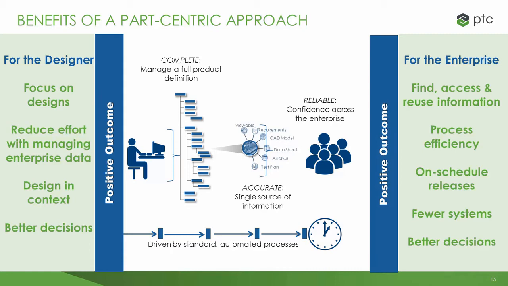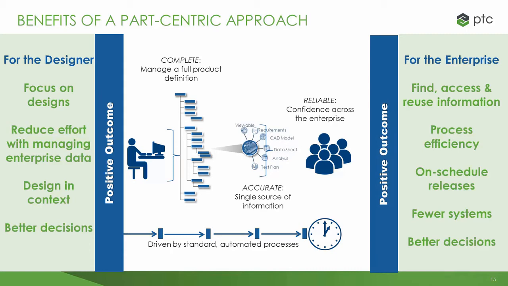This results in tangible business outcomes for both the designer and the enterprise, where designers can focus on the design and spend less time searching for information. Parts are reused rather than recreated. Processes such as new product introduction, release management, and change management are optimized, automated, repeatable, predictable, and driven by workflow.